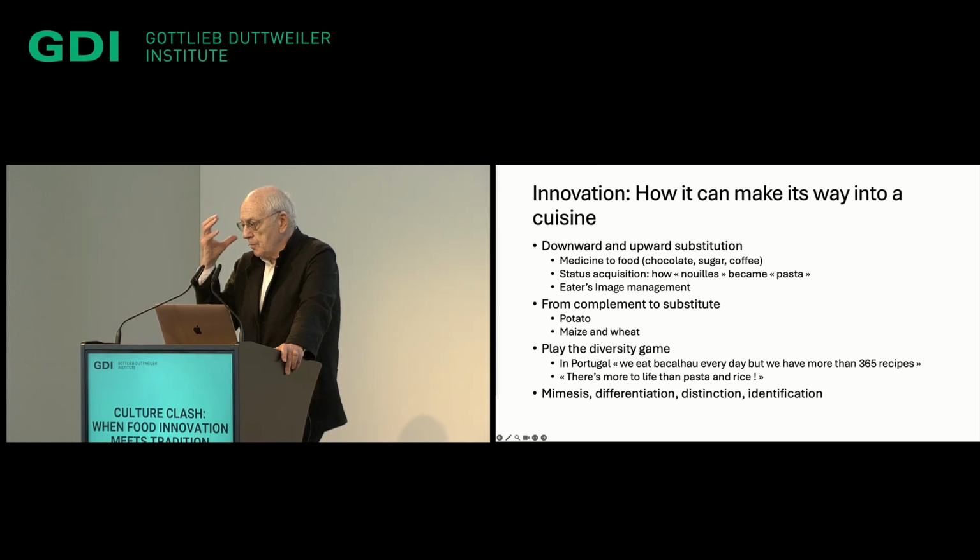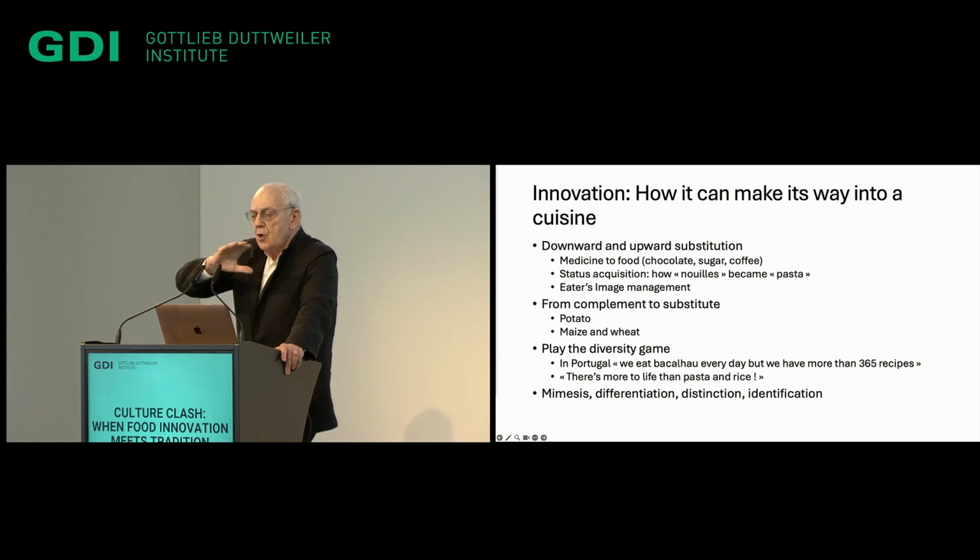So once you have this mechanism or system in mind, you can try to figure out how innovation can make its way into a cuisine. What you see here are the general principles in one slide. You could make a book out of this, but there's a process of downward and upward substitution, okay?